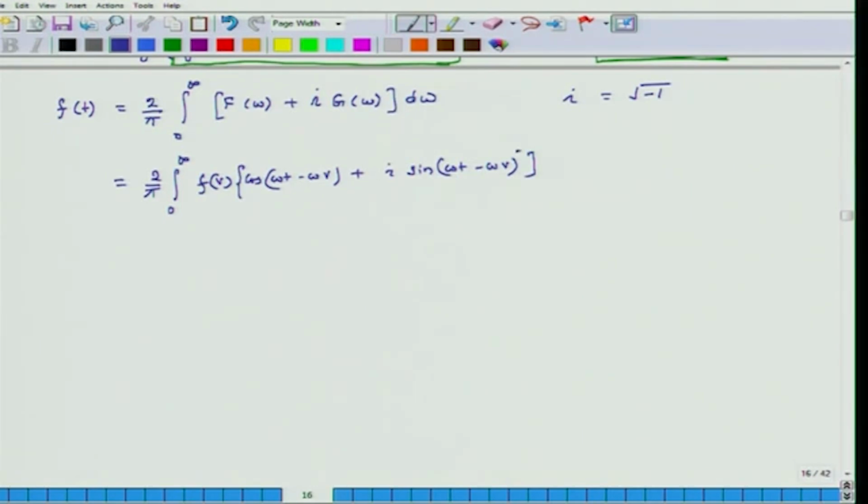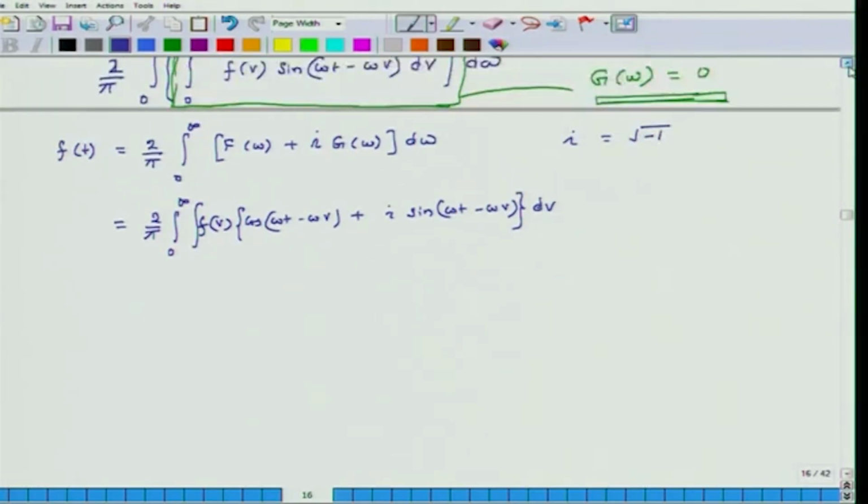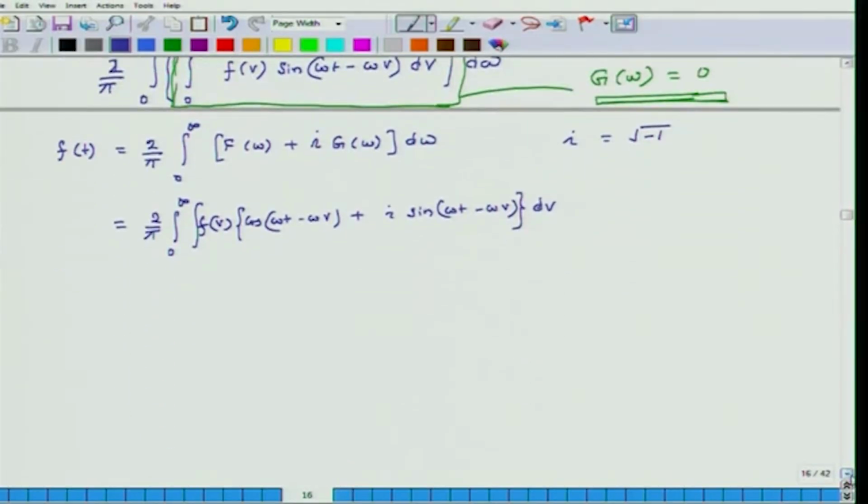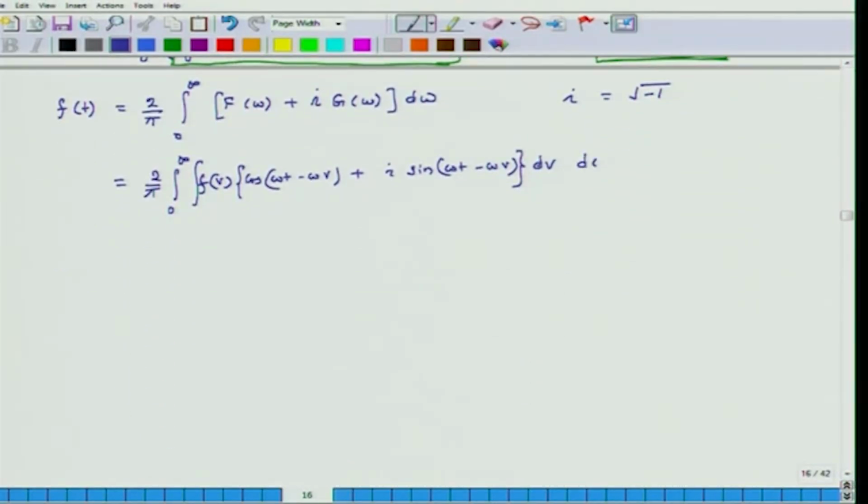This entire thing has to be multiplied by dv, and integrated with respect to dv, and then there is d omega.